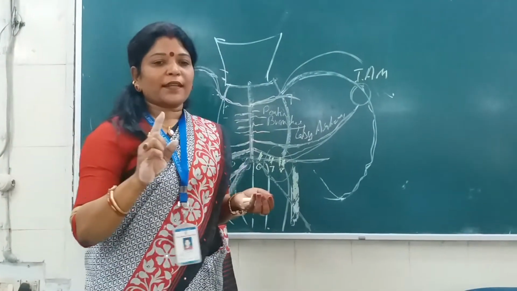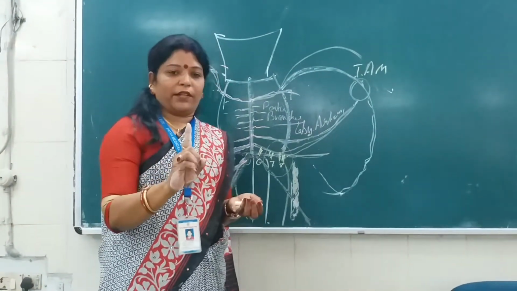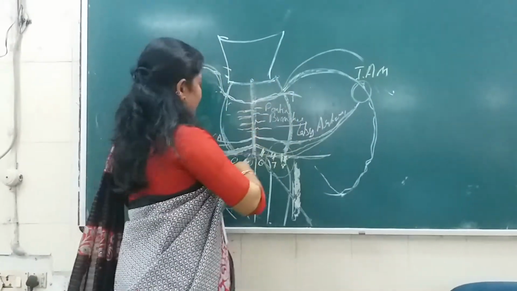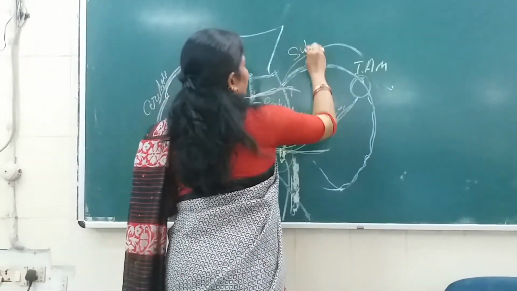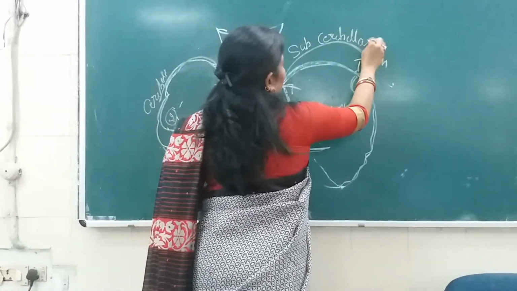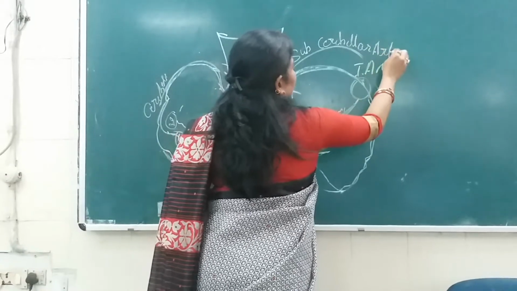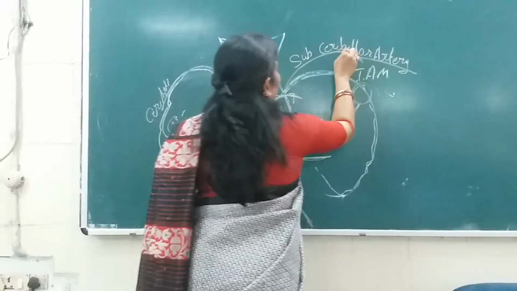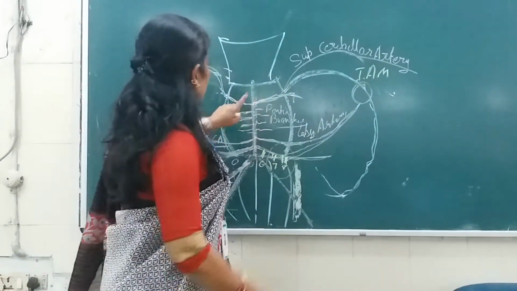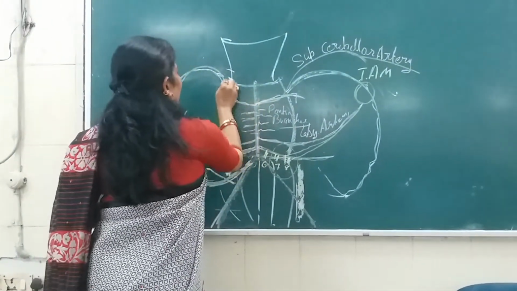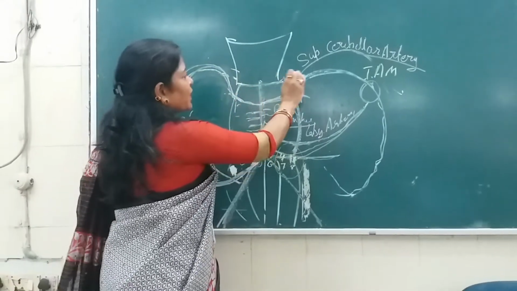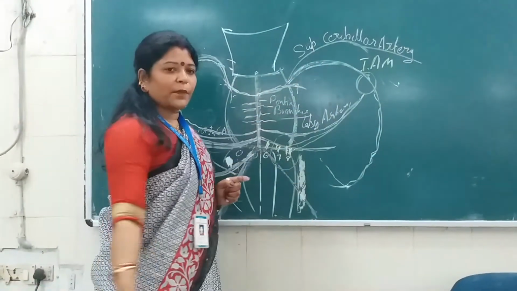For the superior surface, there is only one artery, that is the superior cerebellar artery. Now, this superior cerebellar artery is supplying the superior aspect of this cerebellum.